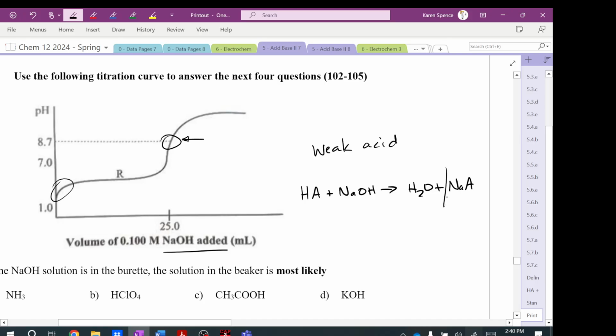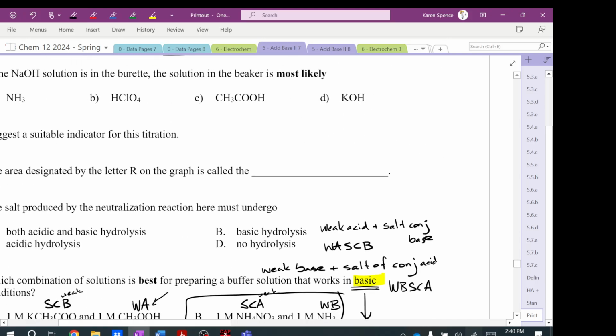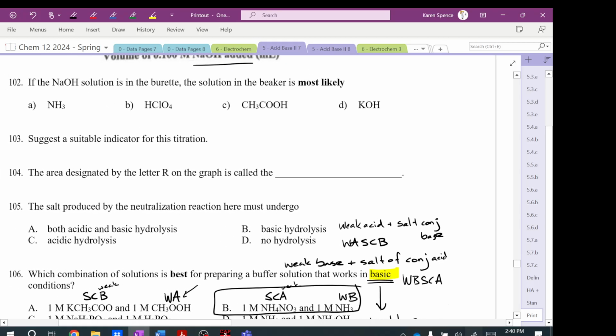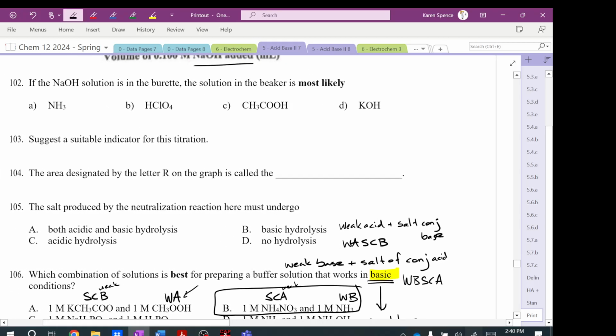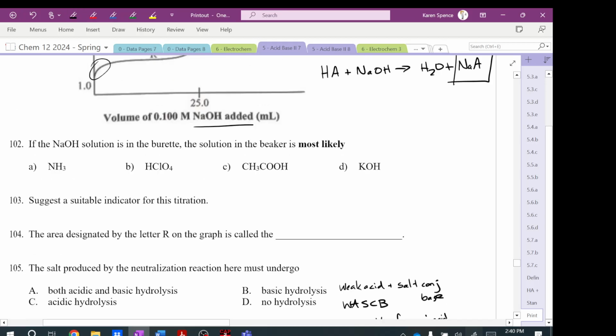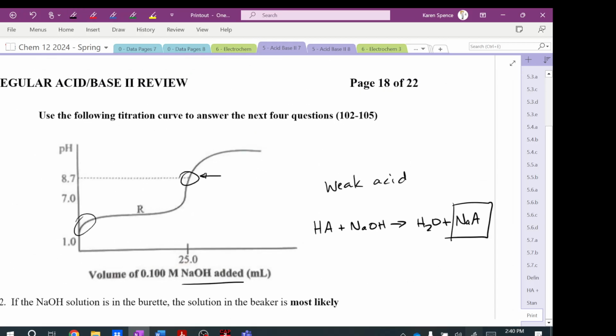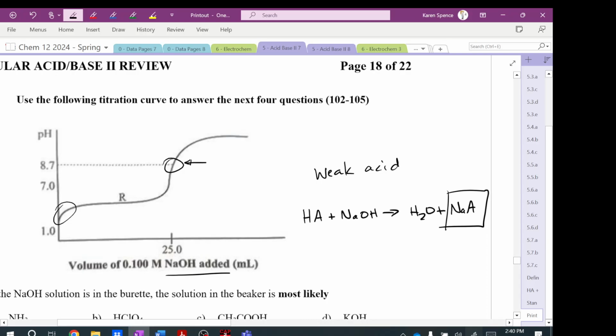And we want to know about this salt here. What is it doing? Is it undergoing acidic hydrolysis, basic hydrolysis, or no hydrolysis, or both hydrolysis? Does Na undergo hydrolysis? No, but A minus, it's the conjugate base of a weak acid, so yes, it will.